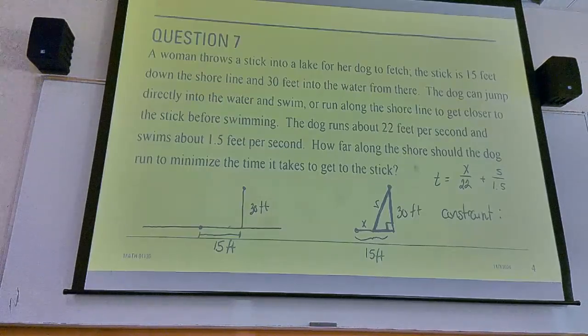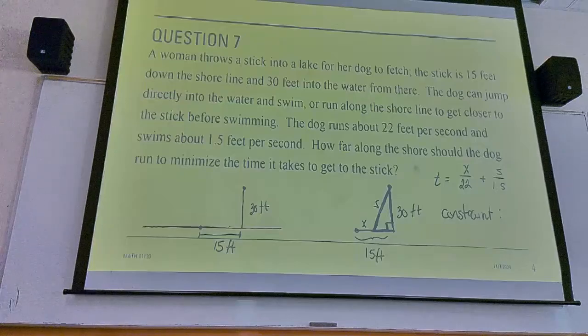Pythagorean theorem. Okay. The sum of the squares of the sides is equal to the square of the hypotenuse. That's right. What's the hypotenuse? S. What is the height, which is one of the sides? What's the base? The quantity 15 minus x squared plus 30 squared has to be s squared.